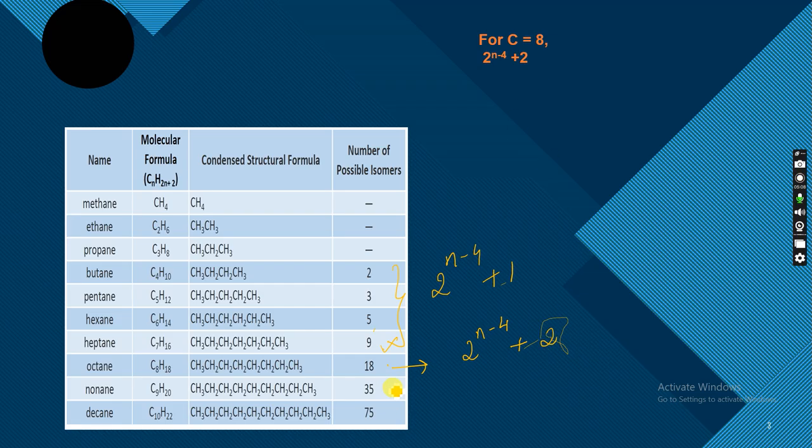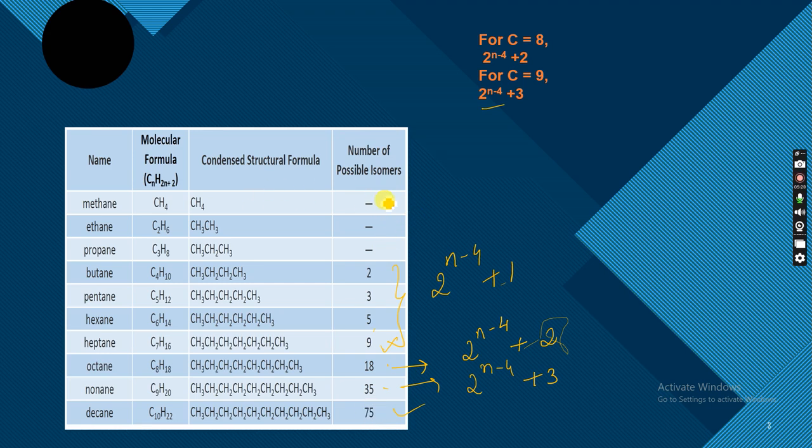For nonane, that is 9 carbons, 2 to the power n minus 4, plus 3. And for the last one, decane, that is carbon 10, what you will do is you will add up also.